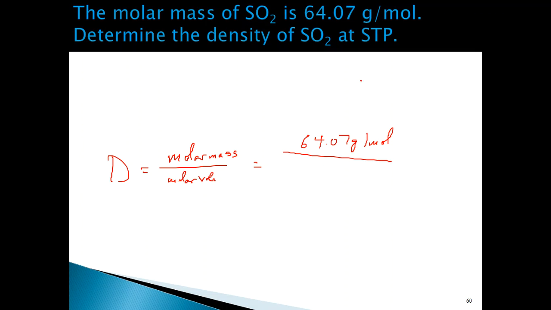The molar volume, because it's under STP condition, will be 22.4 liters per mole. And when we do the calculation, 64.07 divided by 22.4, I got 2.86 grams per liter, because the mole units will cancel out.